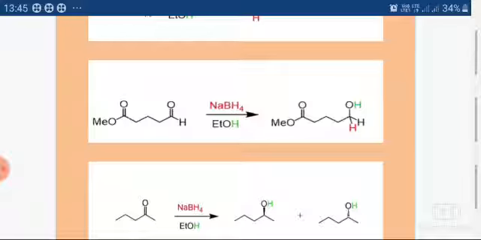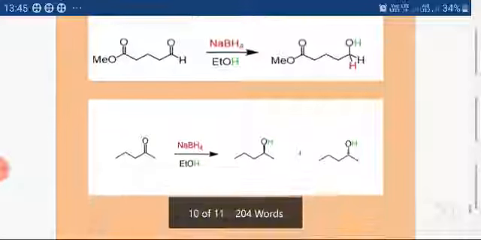In case of lithium aluminum hydride, both the groups were reduced, because lithium aluminum hydride is a strong reducing agent. But in this case, sodium borohydride can only reduce the carbonyl group. It cannot make any changes in the ester group. So the ester group remains as it is in the product, but the aldehyde group has been converted into an alcohol. So this is the selectivity of sodium borohydride, but there is no selectivity in case of lithium aluminum hydride.